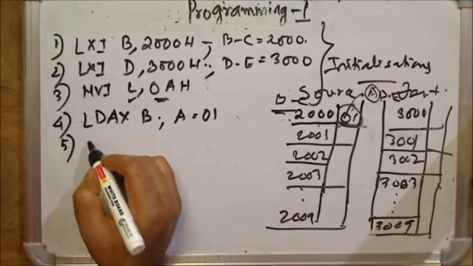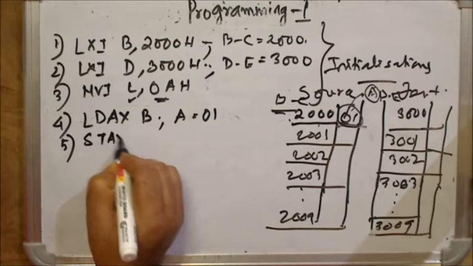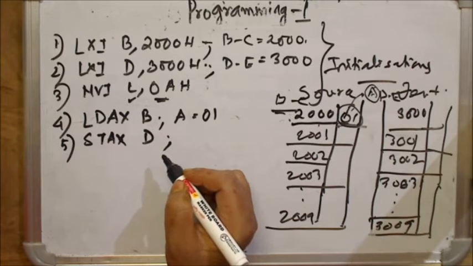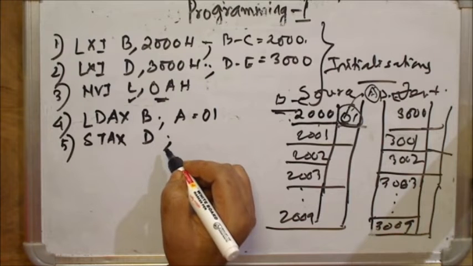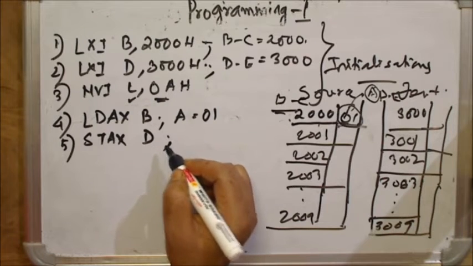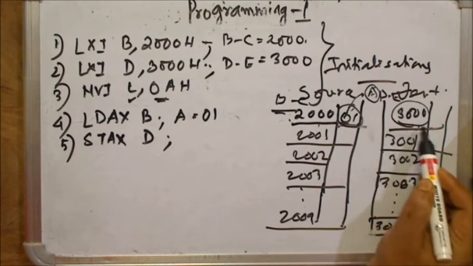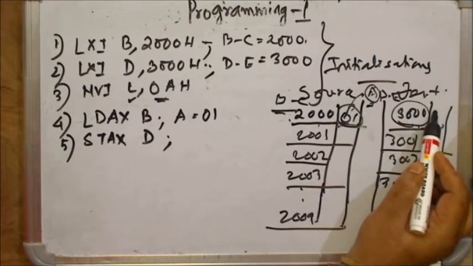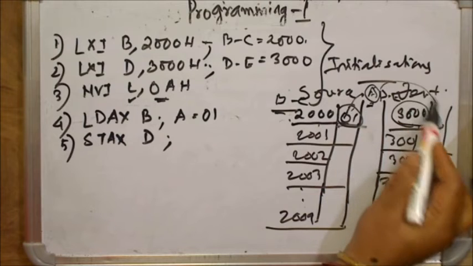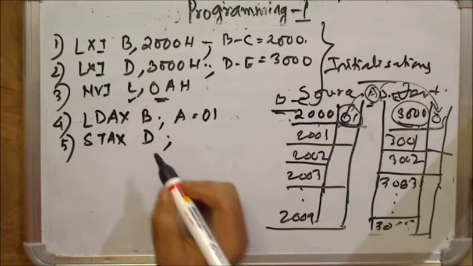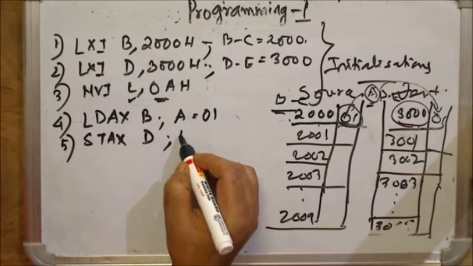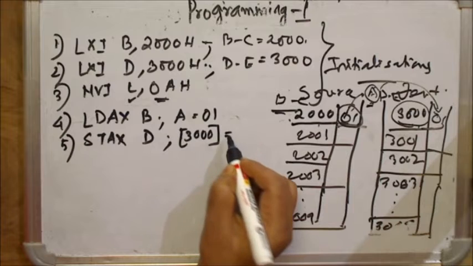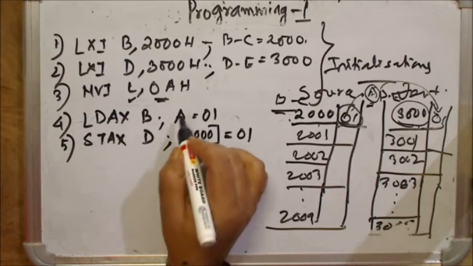Then STAX D. What do you mean by who gets what? Store the data of A into the location pointed by DE pair. What is the location pointed by DE pair? 3000. So you have to store the data which was in A into 3000. That is, 01 will get stored in 3000. So 3000 will now get 01.